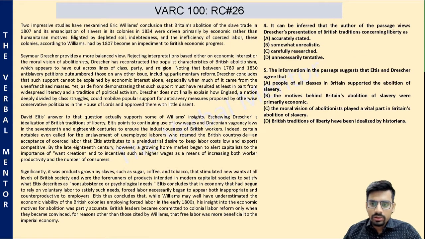It can be inferred that the author of the passage views Drescher's presentation. Please note, the author thinks that Drescher does not finally explain how England, a nation which was deeply divided by class struggles, could mobilize popular support. So basically, according to the author, Drescher's analysis is unrealistic.